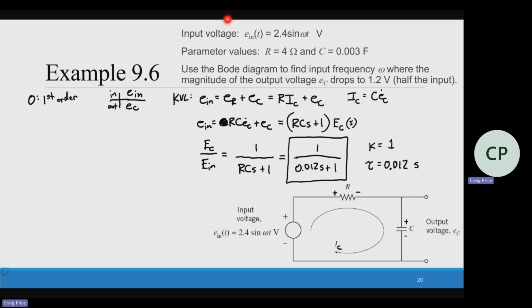You got it? You got the Bode plot? But now what are we looking for? This is the Bode plot for this system, for this RC circuit. But what does it tell us?